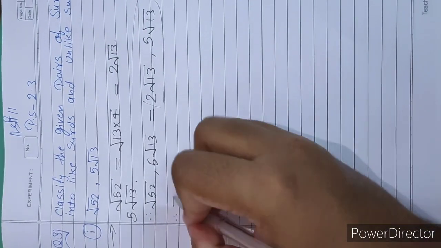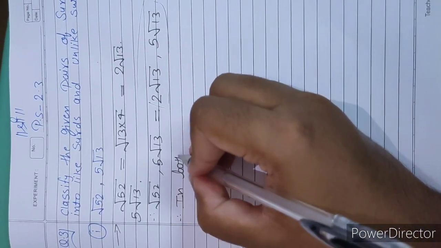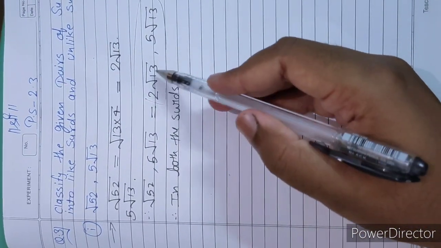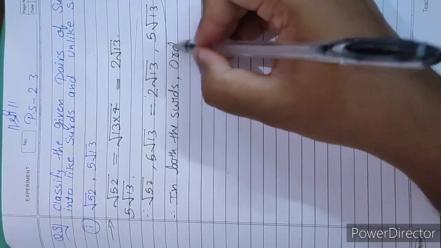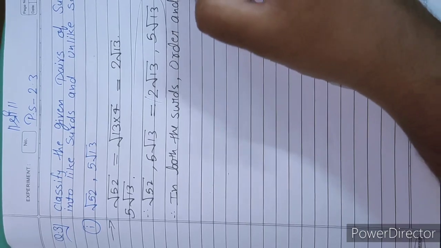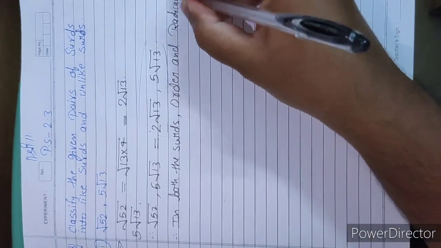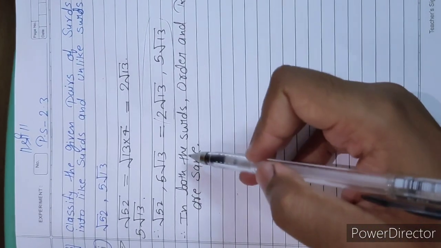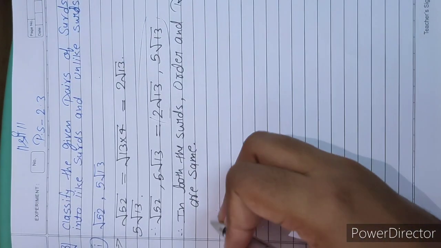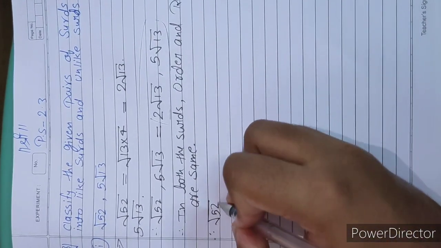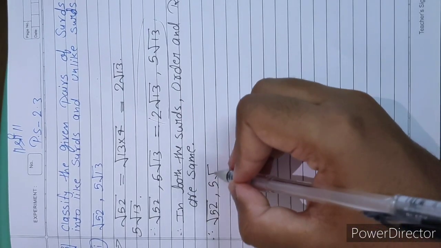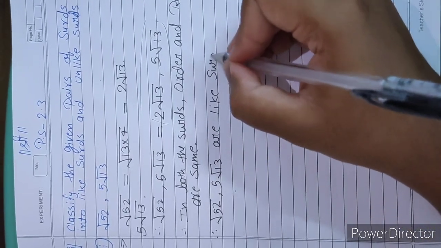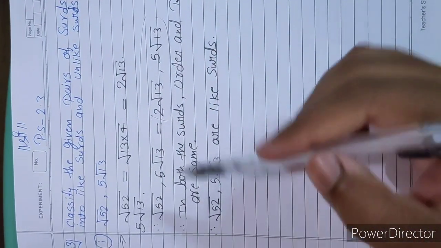In both the surds, the order and radicand are the same. Here we have to write the statement which gives the reason: root 52 and 5 root 13 are like surds. We have to solve by this method.